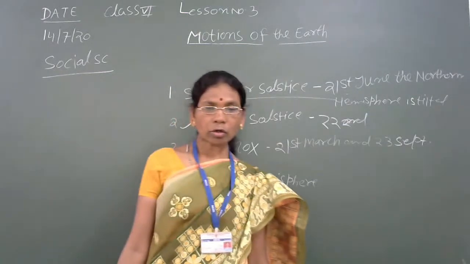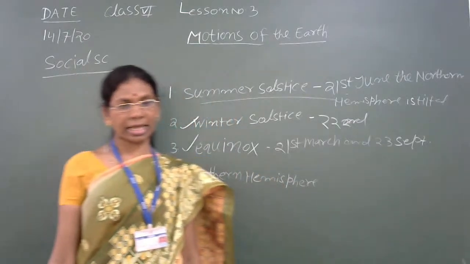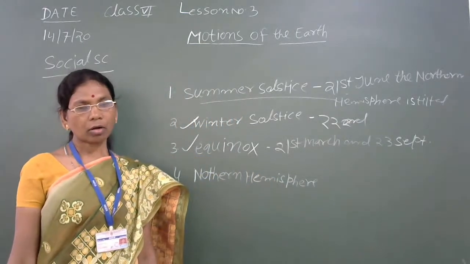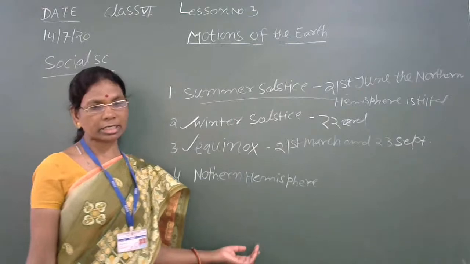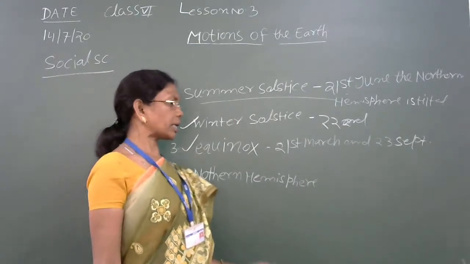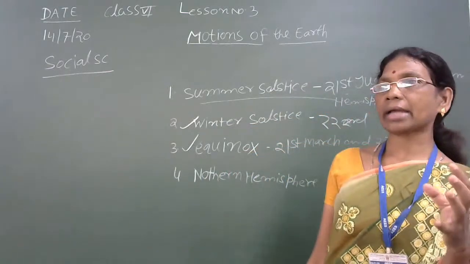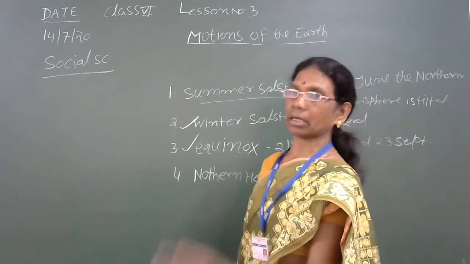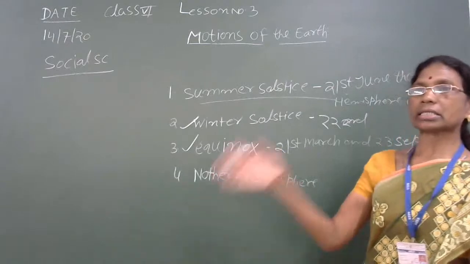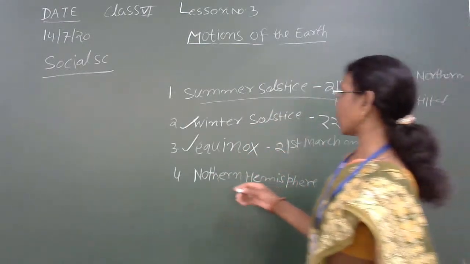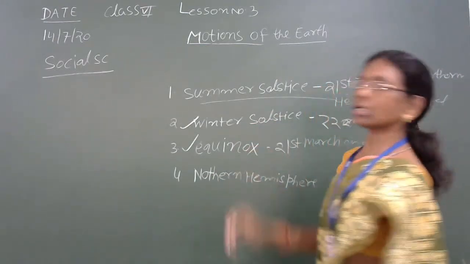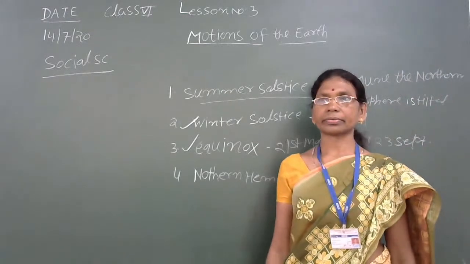So now at this position, neither of the poles is tilted towards the sun. It means now here days and nights are equal. That is called equinox.